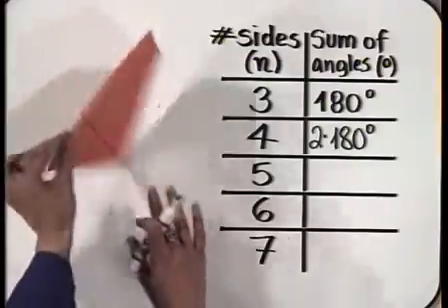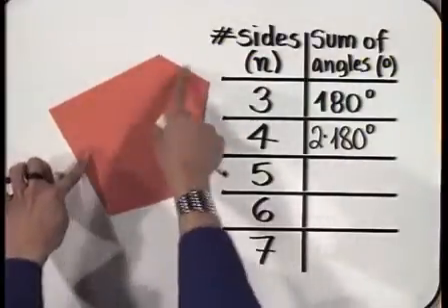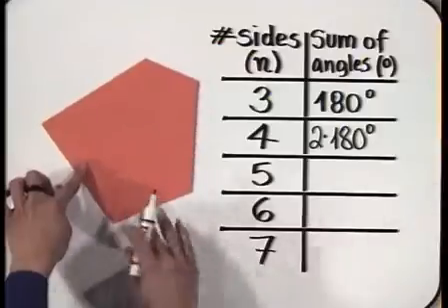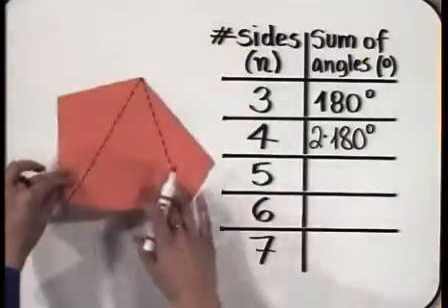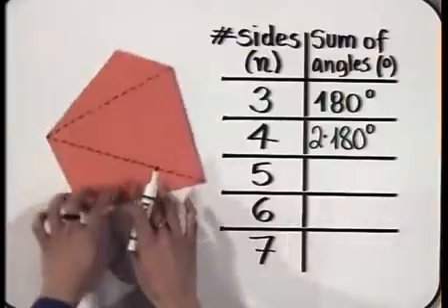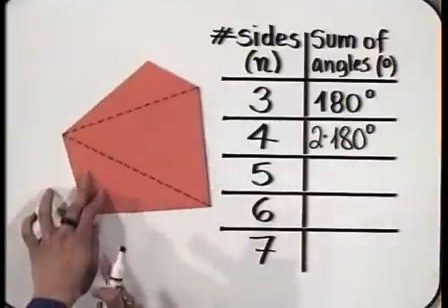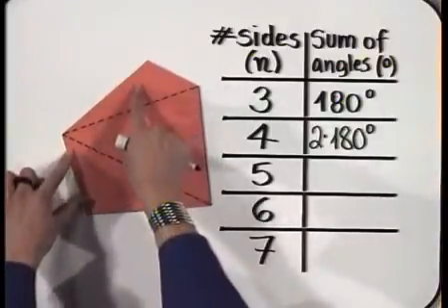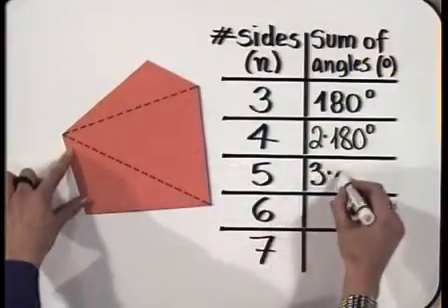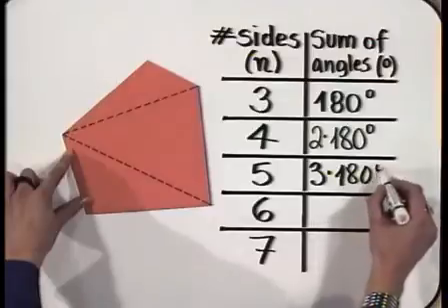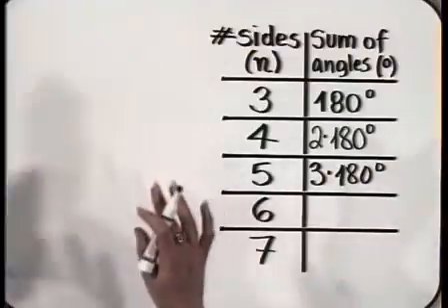Here's a 5-sided figure, as you see, 1, 2, 3, 4, 5, and I purposely took non-regular ones, just arbitrary polygons, and I divide this one into 1, 2, 3 triangles. So I have 180, 1, 2, 3 times. I think you see a pattern.